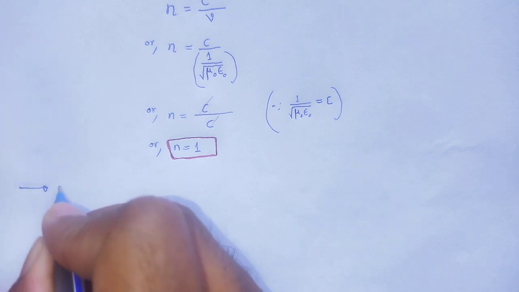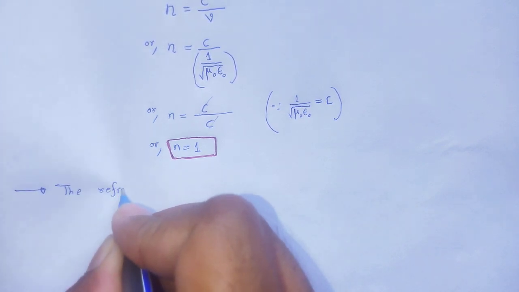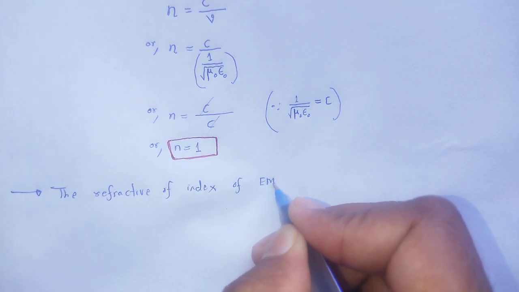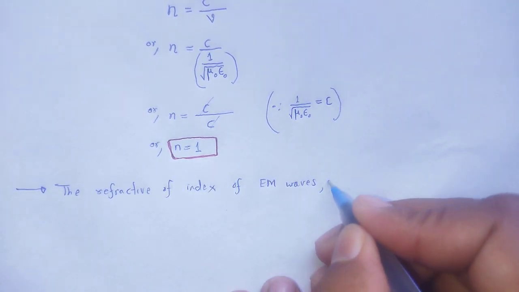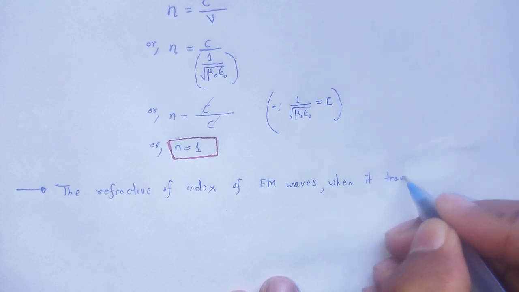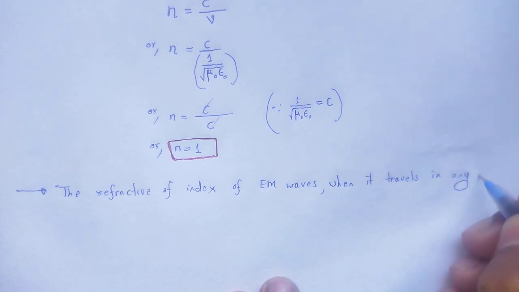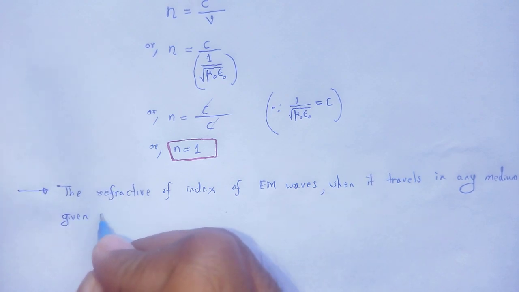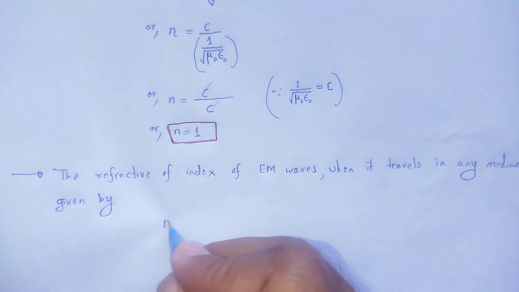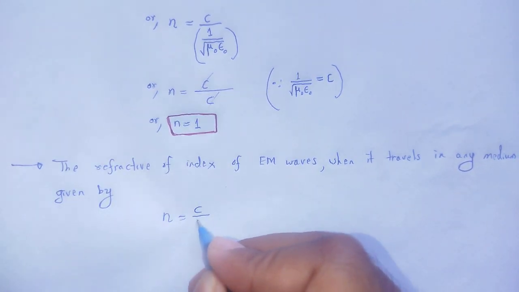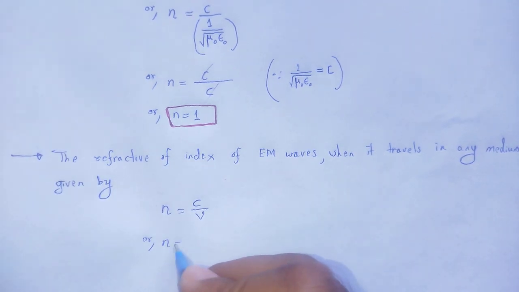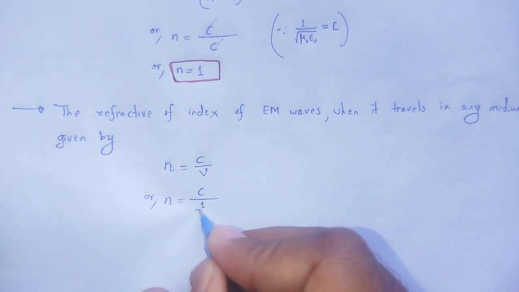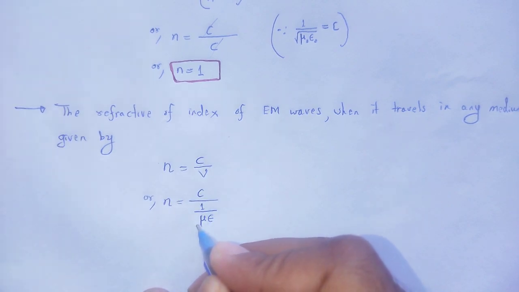Next, the refractive index of EM waves when they travel in any medium is given by n is equal to c by v, or n is equal to c divided by the velocity of electromagnetic waves in that medium, 1 divided by under root of mu epsilon.